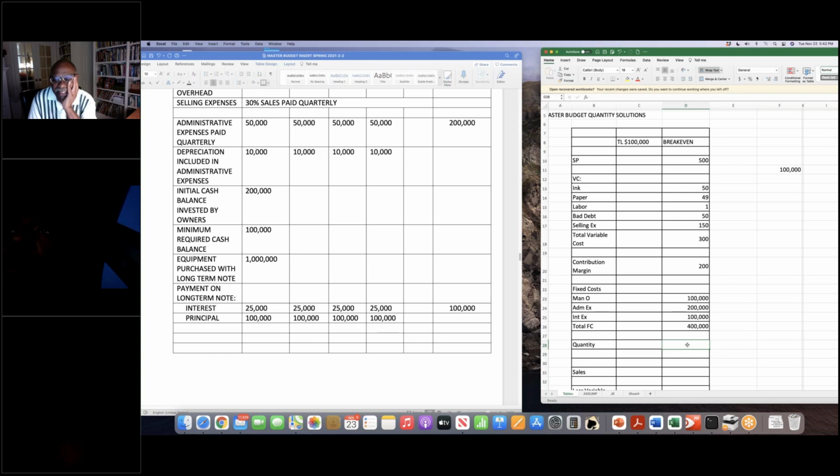How'd you get 2,000? 400,000 divided by 200. So we simply took the 400,000 total fixed cost, and we divided that by what? The CM, the contribution margin.